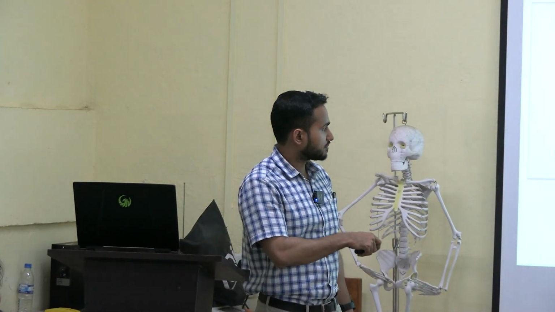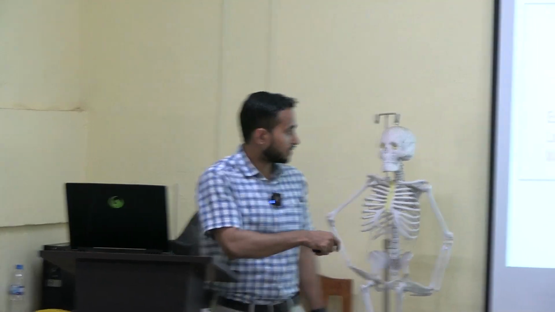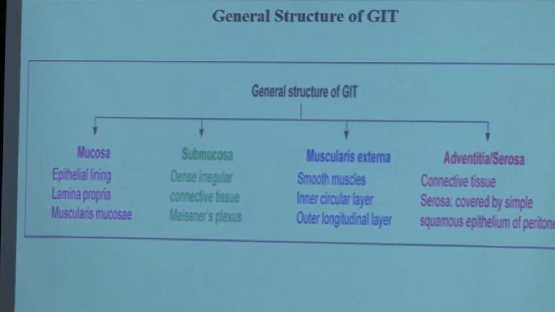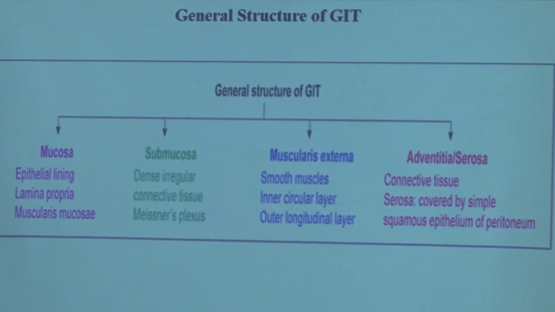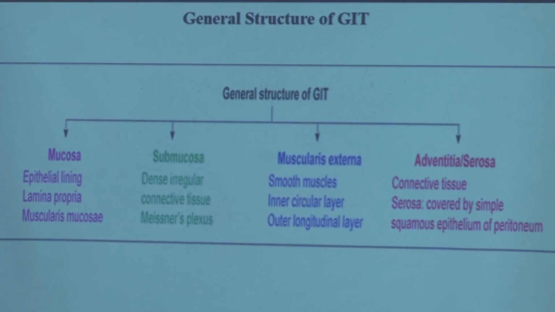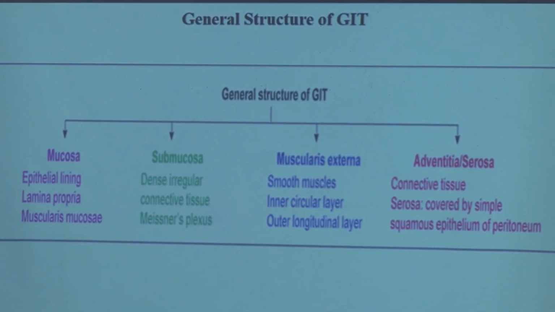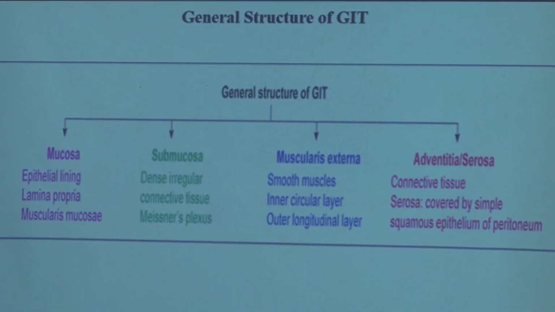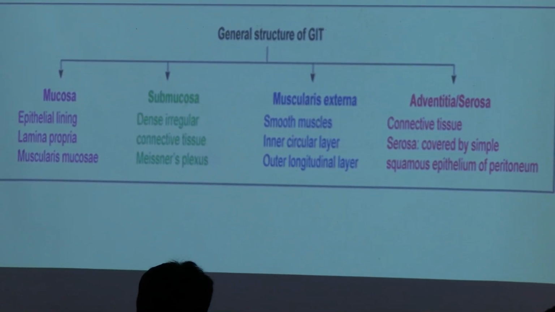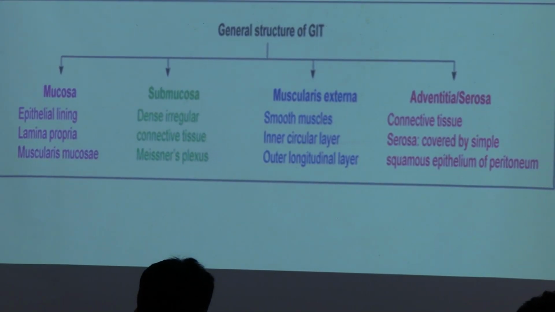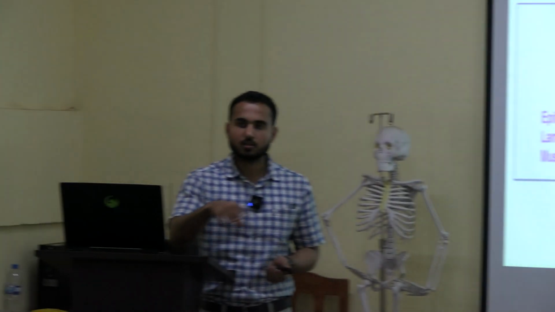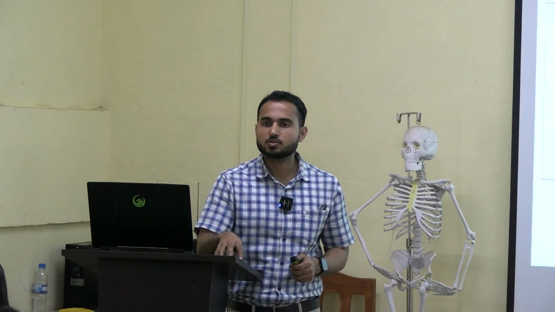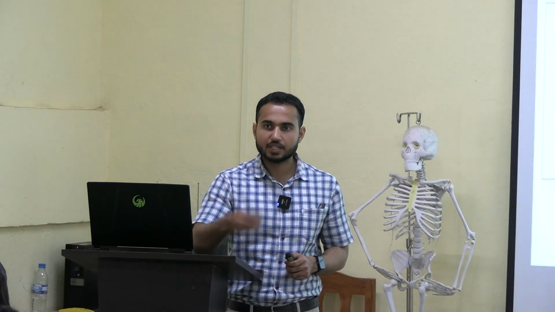What about the muscularis mucosae? What will be its function? No, muscle cannot facilitate absorption. I will give an example. Whenever you are eating food, suppose dal, chapati, or dal sabji, you mix it and then you eat.